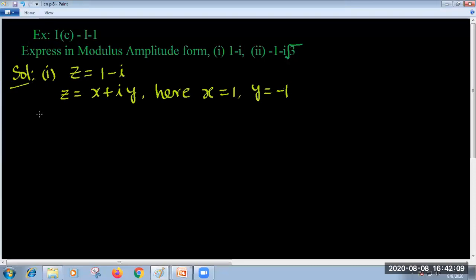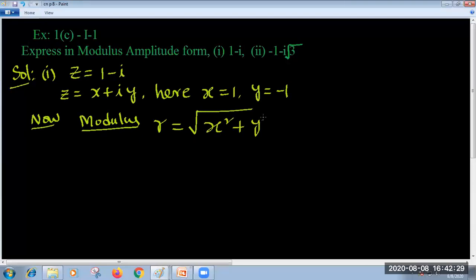We have to find the modulus. So mod z or r is equal to the square root of x square plus y square, that is equal to the square root of 1 square plus minus 1 square.